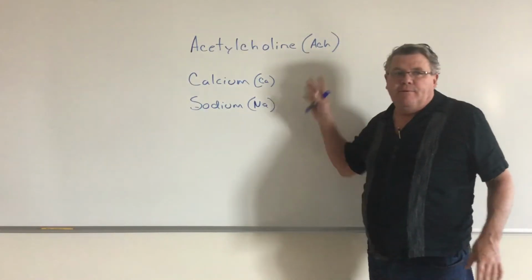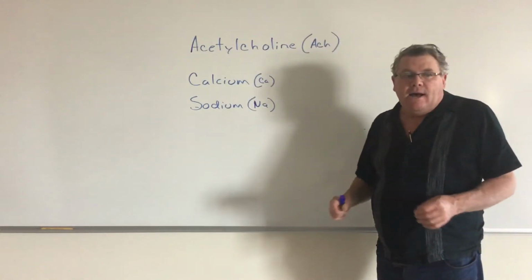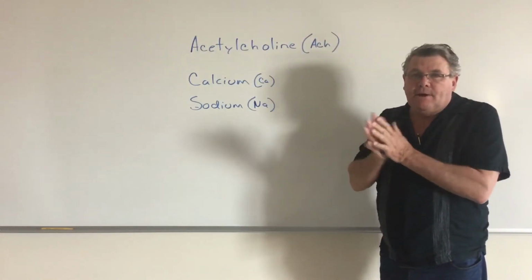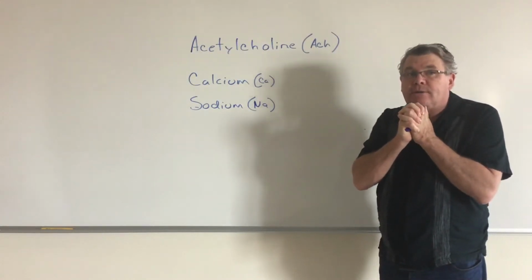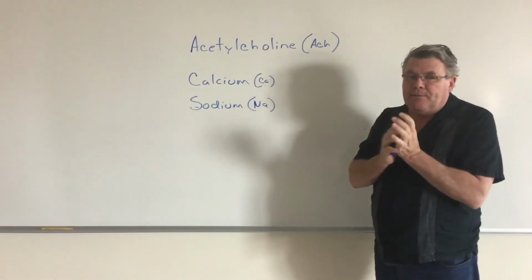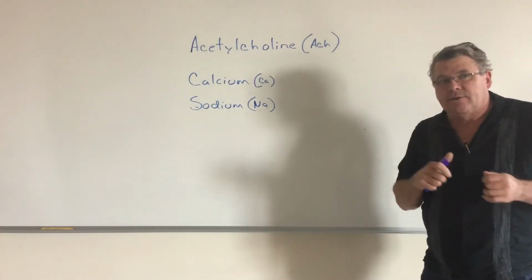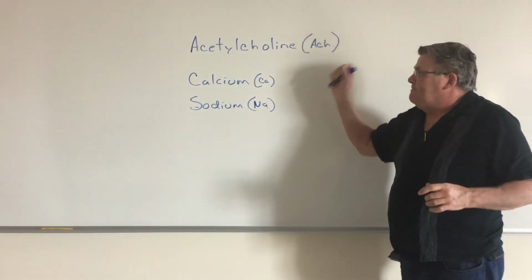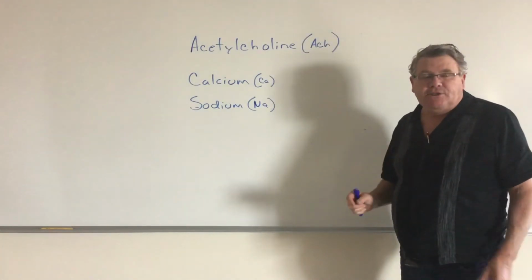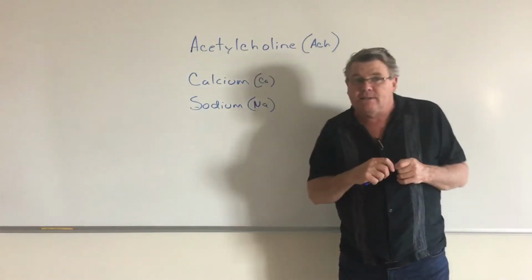Now, before I erase this and I bring up the projector, I want to point out this. I'm going to be talking about things called action potentials. I'm going to try and gloss over them a bit, because we'll talk about them in detail about 2 videos down the line when we get to the nervous system. So, yeah, action potentials are essentially a spark, an electrical discharge, a nerve impulse.